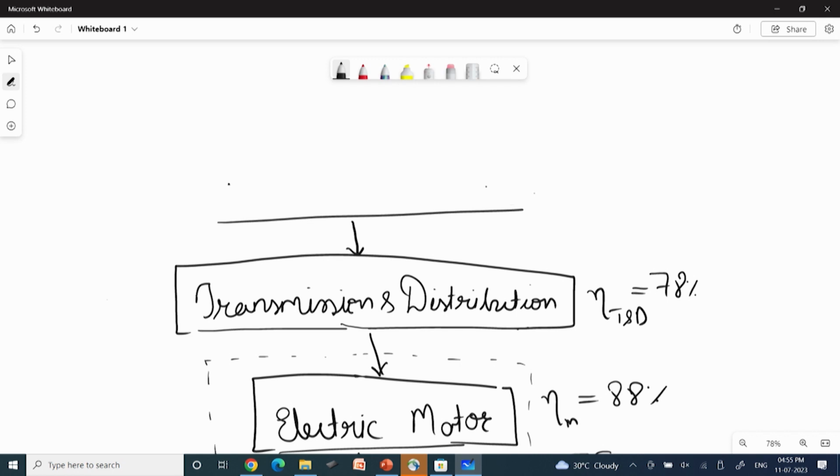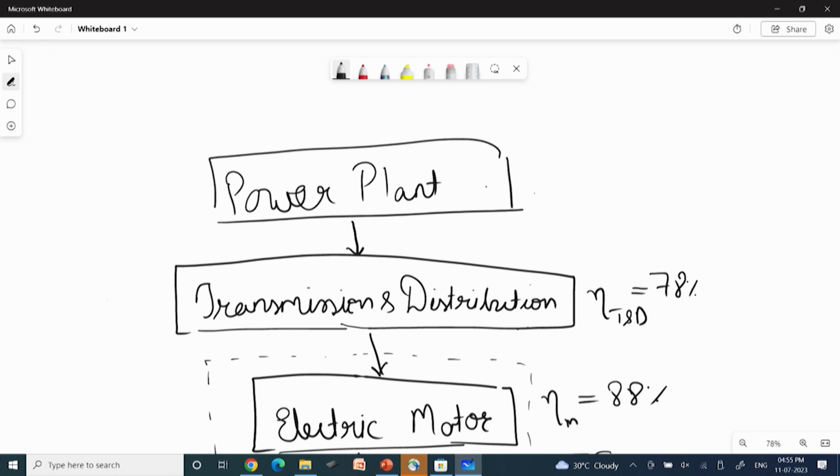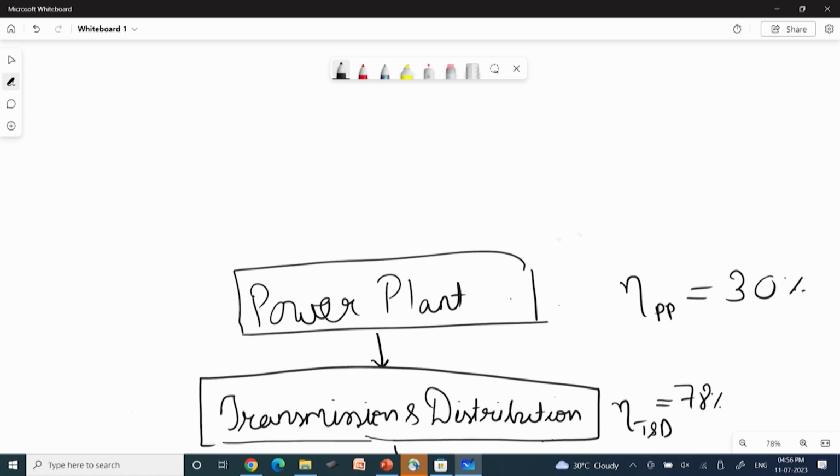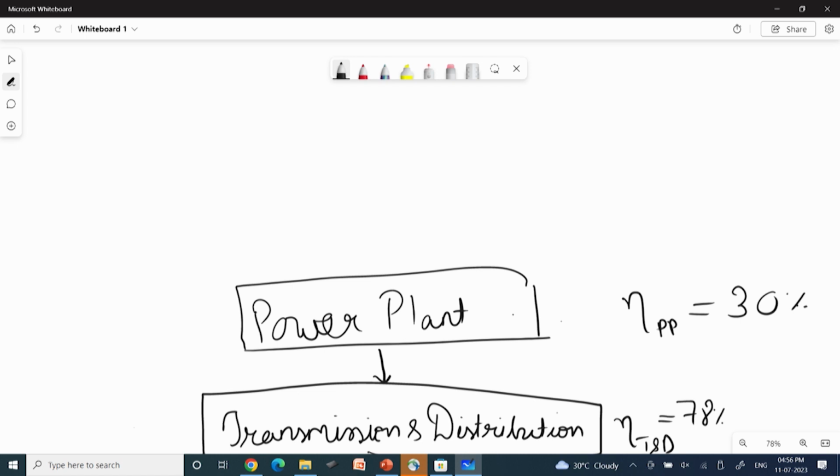Beyond this transmission and distribution would be a power plant that would be generating this electricity. And this power plant can be expected to have a typical efficiency of around 30%. And this power plant, in a country like India, would normally be operating on coal.